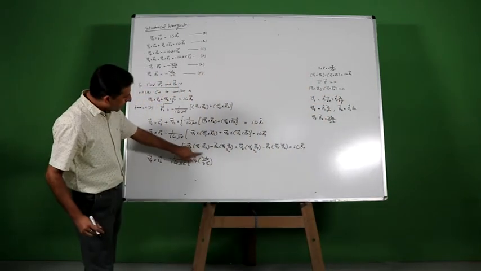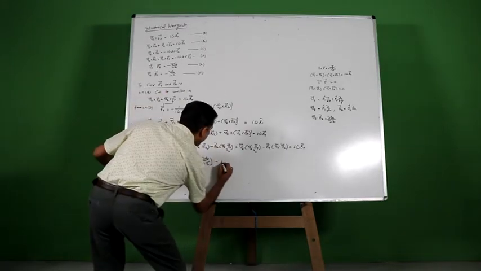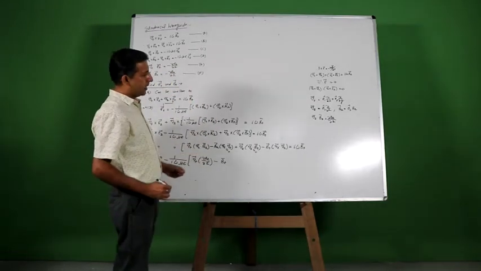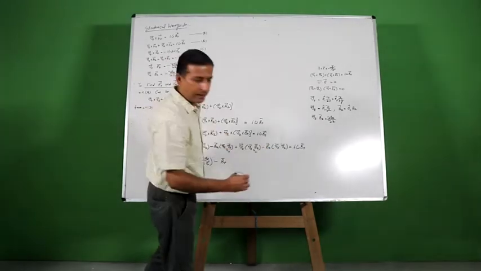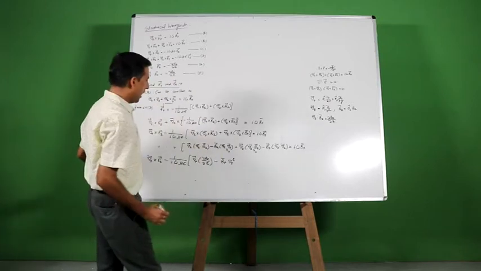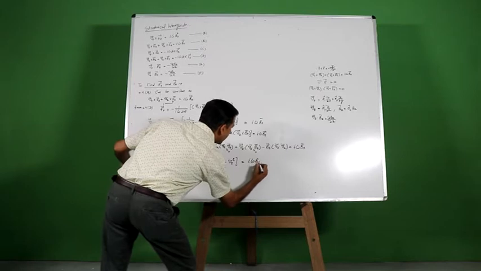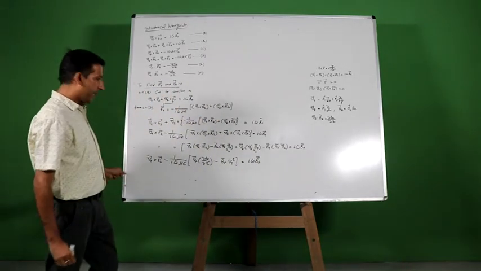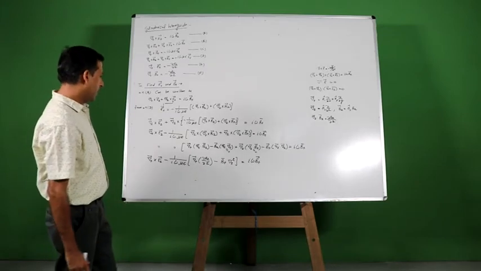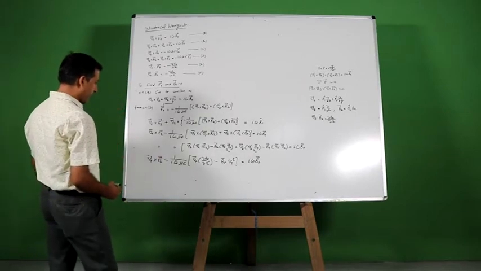So del z dot bz can be written as ∂Bz/∂z minus bt, and del z dot del z is equal to del z square, which is equal to iota omega bt. From here we can find out the transverse component of magnetic field. So now further multiply both sides by iota omega mu epsilon.